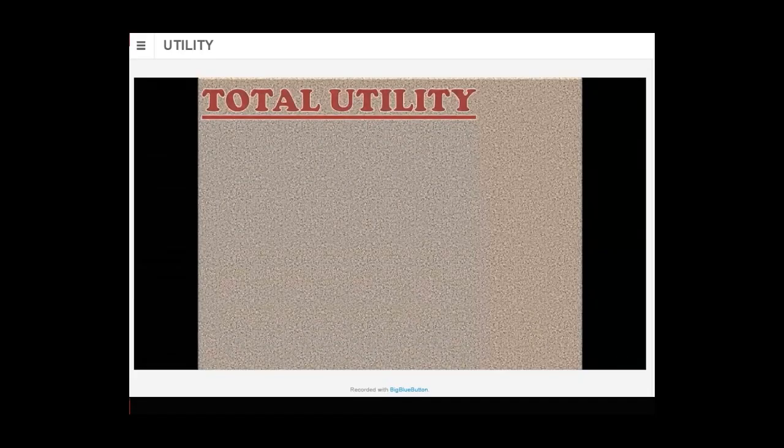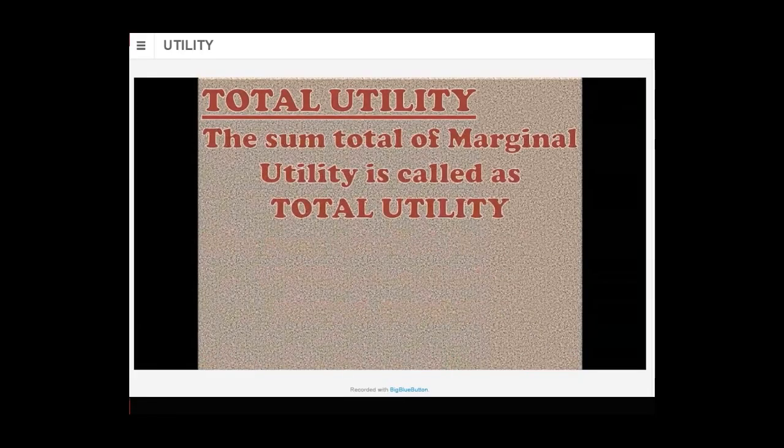It is sum total of marginal utility. अभी हमने 5 यूनिट्स कंज्यूम किया तो हर एक यूनिट का खुद का यूटिलिटी रहा है पक्का. जिसको प्रोफेसर मार्शल ने मार्जिनल यूटिलिटी कहा है. तो हमने 5 यूनिट अगर कंज्यूम किया है तो पांचों के यूटिलिटी को जब हम टोटल करेंगे then that total shall be called as total utility.